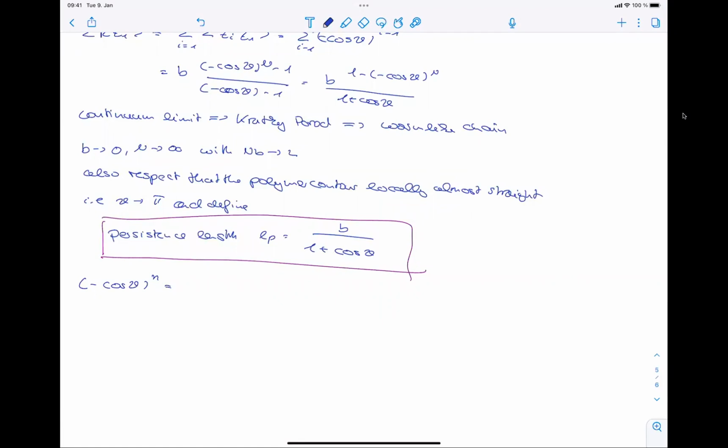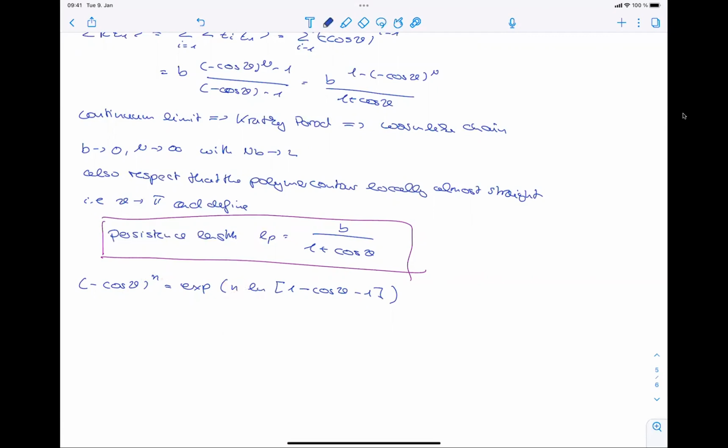And we can write this as, expanding it with an exponential, exp n ln of 1 minus cos theta minus 1. So what I did is I added to this cos theta a minus 1 plus 1, and we put this into the exponent. That's why the n here pops up in front.